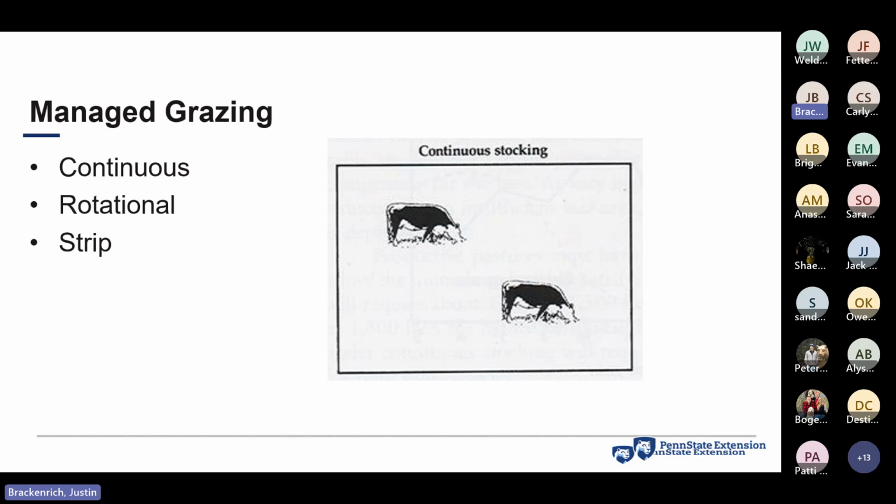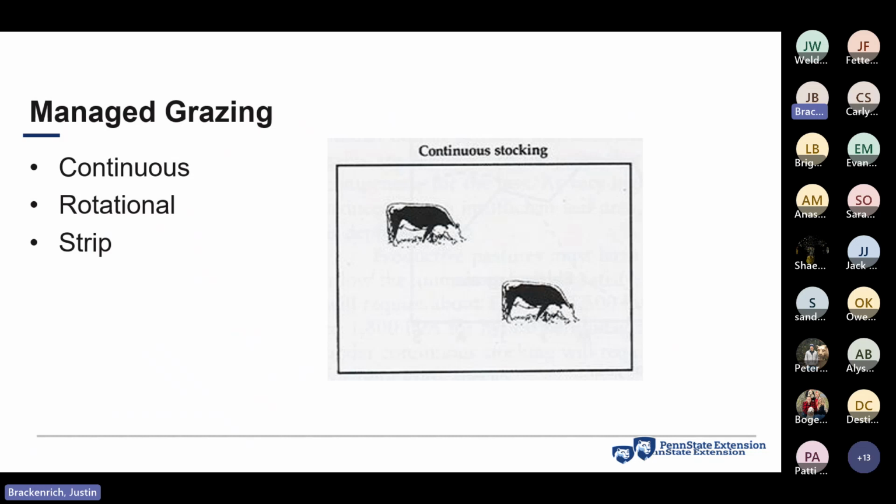Where we can see continuous stocking is kind of left in a pseudo rotational system, if we will. Maybe we're in an upland pasture and economically it doesn't make sense to get water to this place that we can divide, because it's 10 acres or something, right? We bring the cattle up there, we continuously stock them for a while, then we bring them back down.